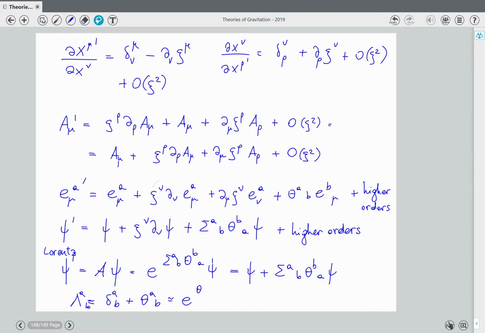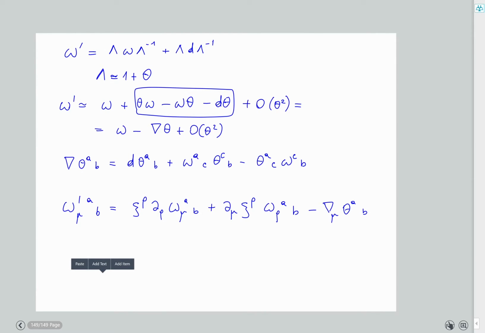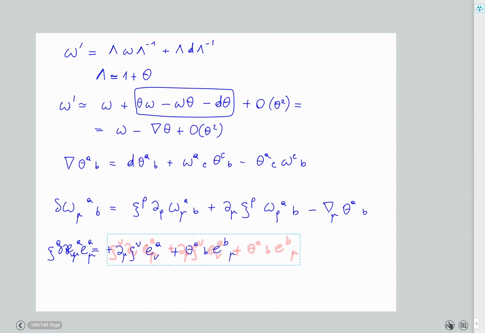So the infinitesimal transformation of the field is this one. Let's write, instead of omega prime equal to, delta omega, because otherwise we have to add those corrections. So delta omega is this one. Delta e mu A is what? It's this.